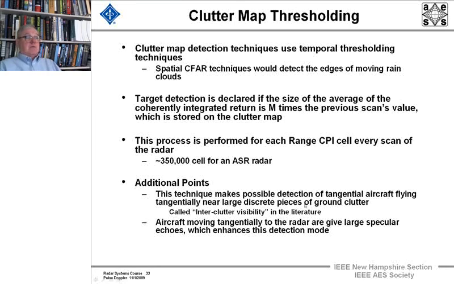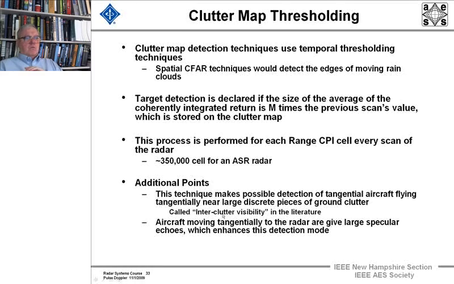And an additional point, this technique makes possible the detection of tangential targets flying near large discrete pieces of ground clutter, so-called interclutter visibility in the literature. I forget who was the person at Raytheon. It wasn't Dave Barton. It might have been Schrader or it might have been Ward.